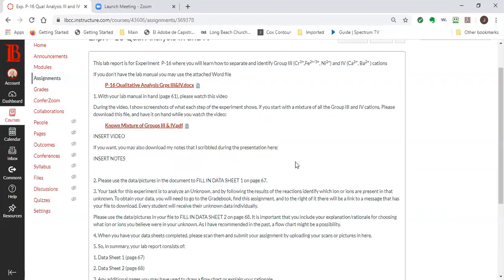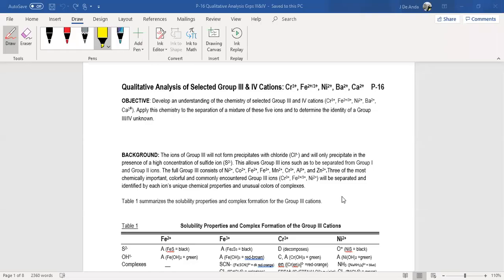All right. So if we can look at the actual lab, you will see that it involves several steps, and it's a little more complicated than the previous one. So it's been a while, but in a previous activity, you were given the analysis for group 2 cations.